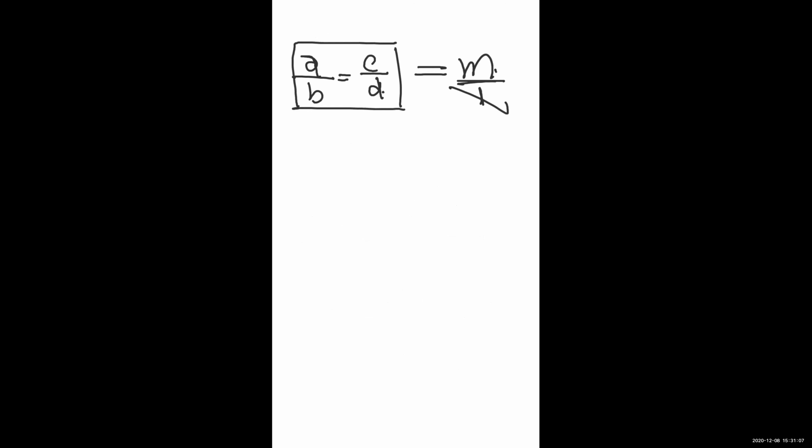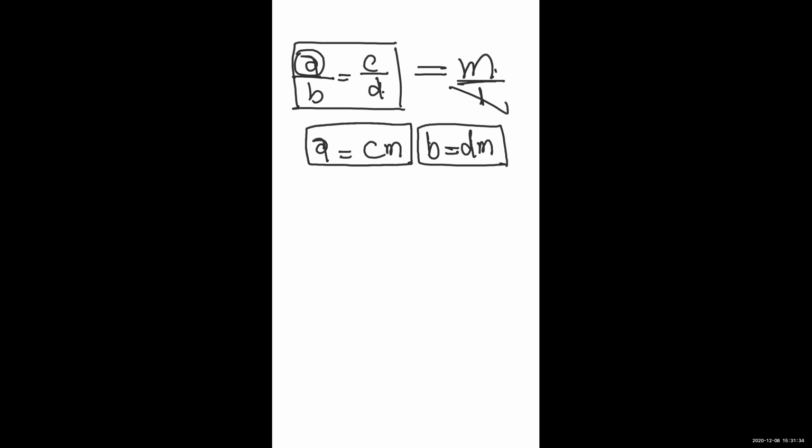So if I want to get a and b in terms of m, a will equal cm and b will equal dm.